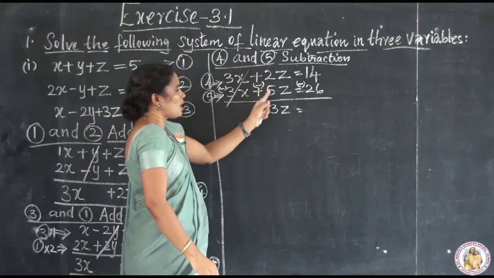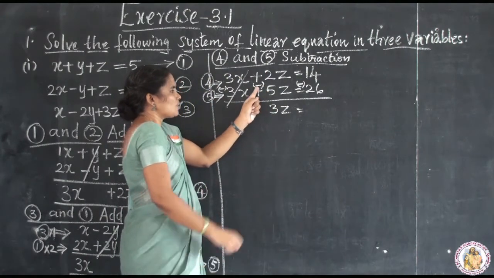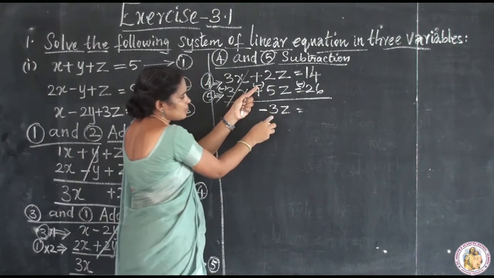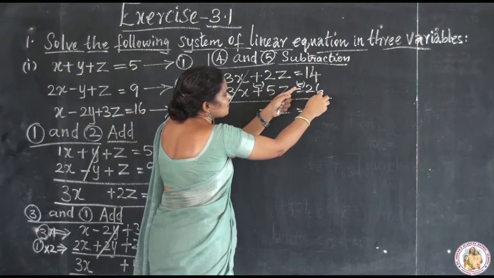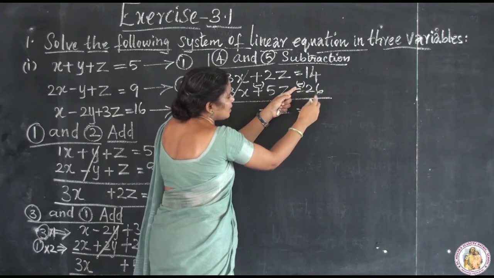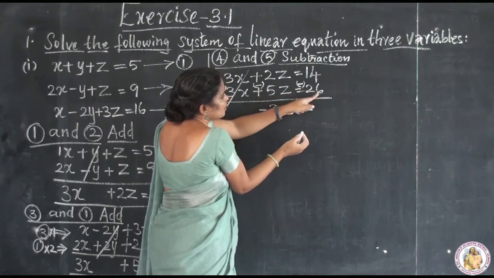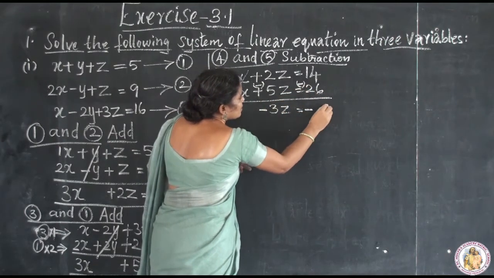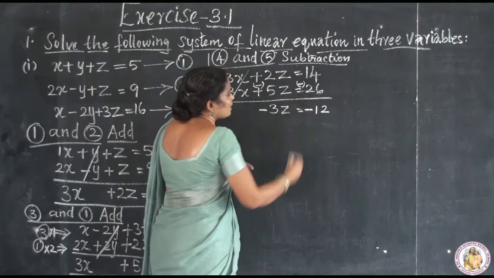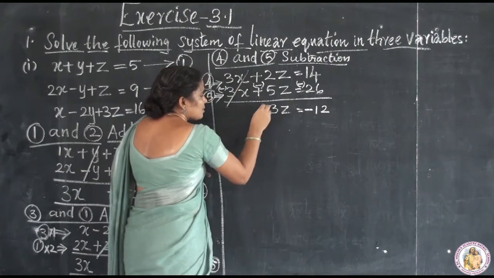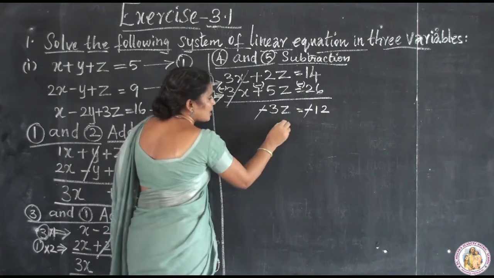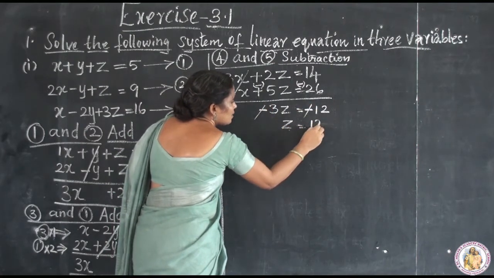Which is greater, 2 or 5? 5 is greater, so give minus 3z, equal to 26 minus 14. 26 is greater, so write that symbol first. 26 minus 14 is 12. Both sides we have the minus symbol, cancel, keep 3z equal to 12.